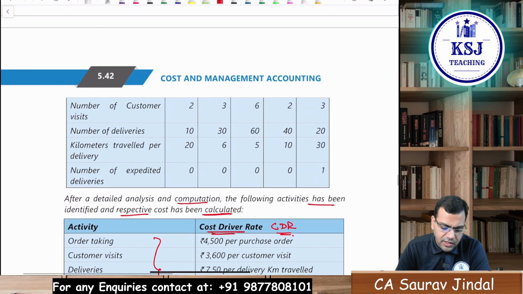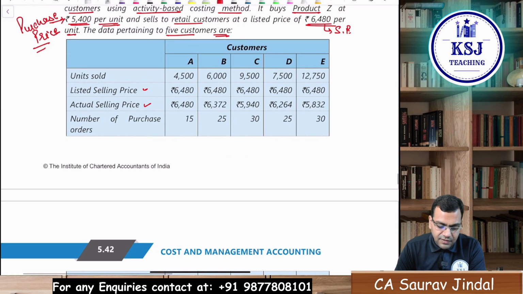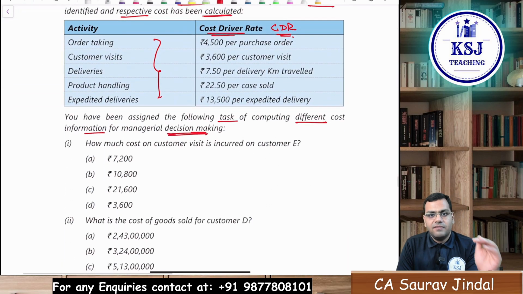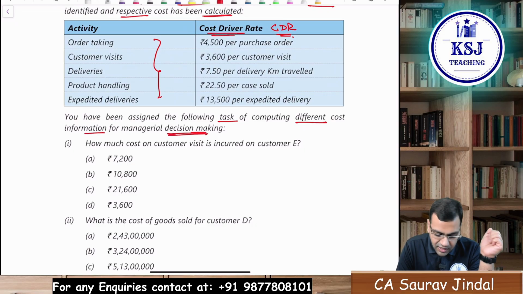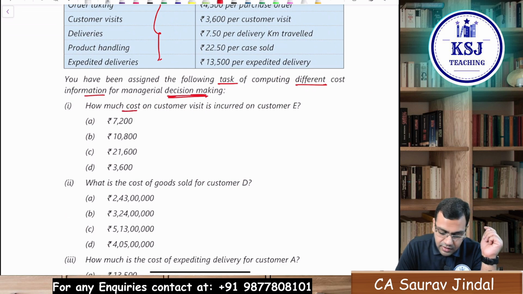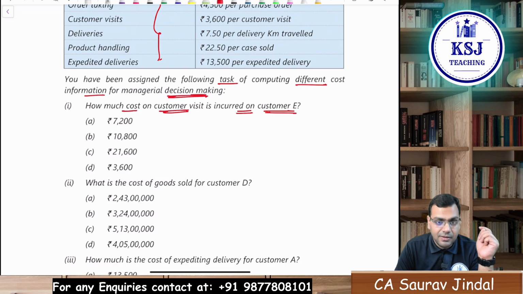Okay, let's see what information is given. Now they have given this data for the 5 customers and they have given us the CDR, right? And it's a question where we have to apply only activity-based costing. Absorption costing is not what they are asking. They are asking only about activity. They say how much cost on the customer visit is incurred on customer E, right?